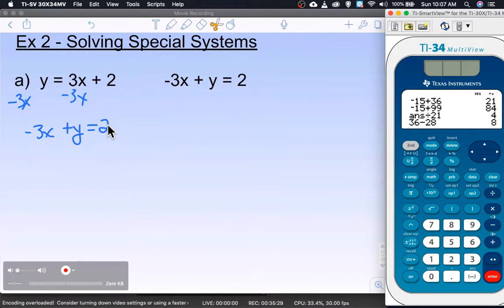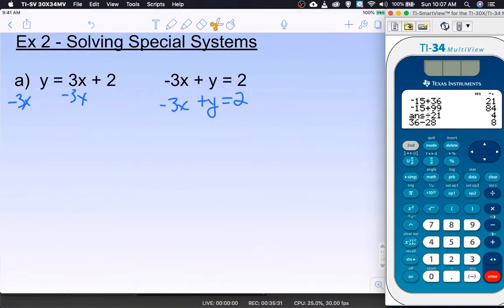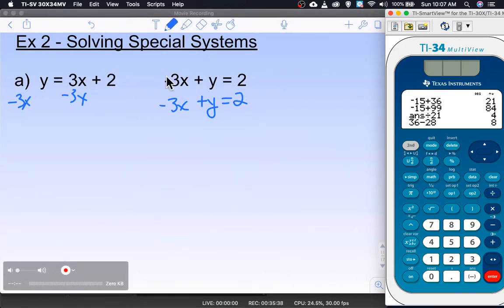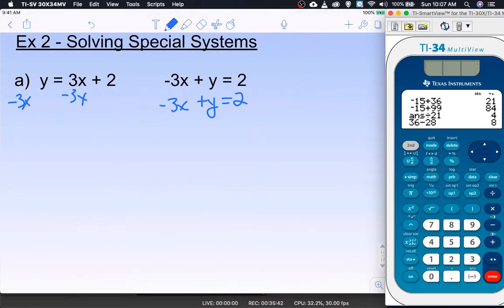Now, check out those two equations. They are identical, meaning these two lines are the same line. Now, we saw in the previous lesson, if the two equations are the exact same equation, what happened when we graphed it? What happened with our solution? When they were the exact same equation, our lines were overlapping.